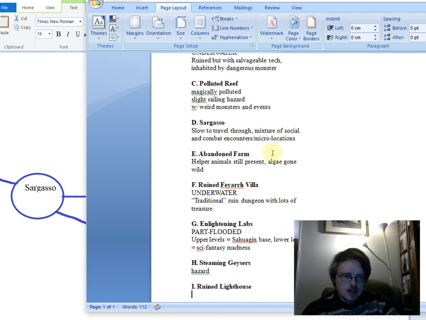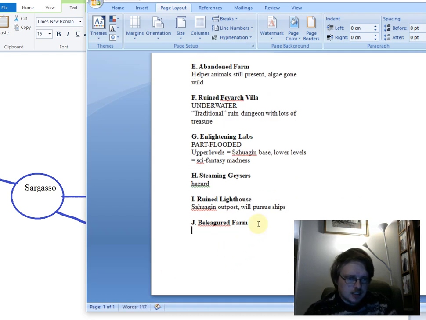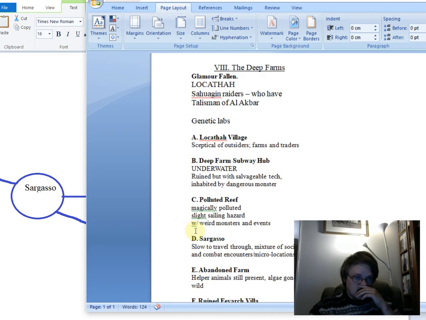Ruined lighthouse is going to be a Sahuagin outpost. Will pursue ships. And the beleagured farm, Locathah settlement, need help. Open to alliance. So that is 10 locations fairly quickly knocked out.